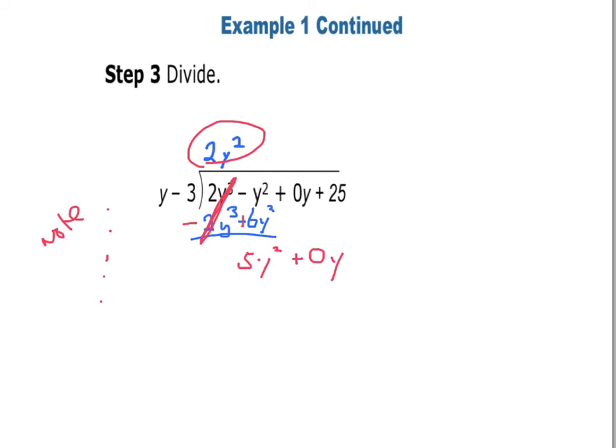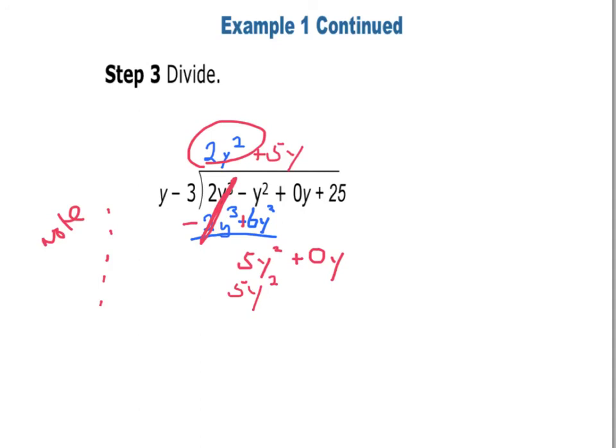Now we're going to start all over. I'm going to ask, how many times will y go into 5y squared? Well, let's see. I think that looks like it's going to be plus 5y. So now we have to take this 5y right here and times it by this binomial. So 5y times y is going to give me 5y squared.